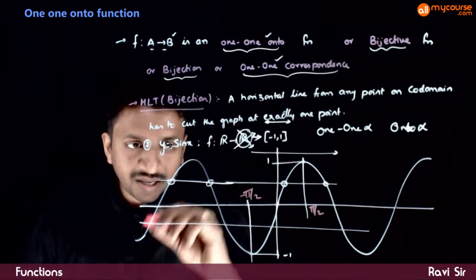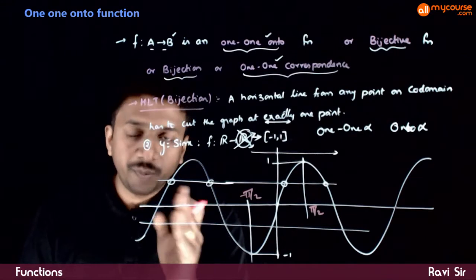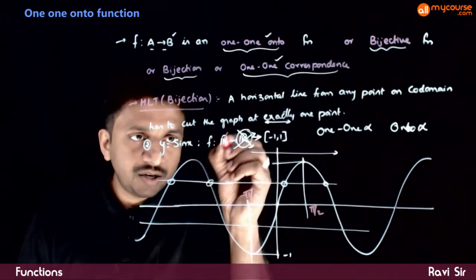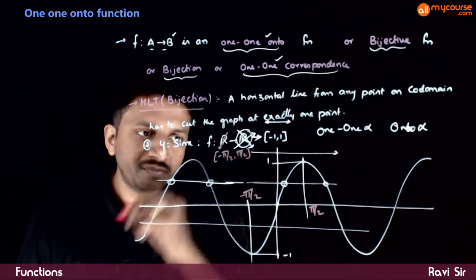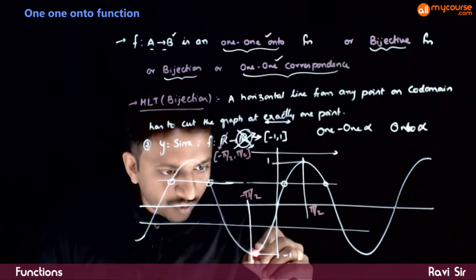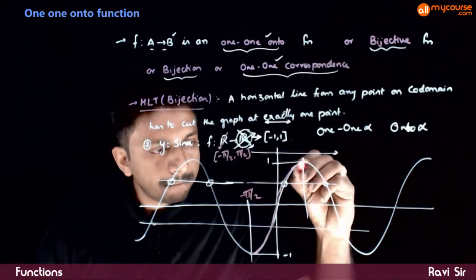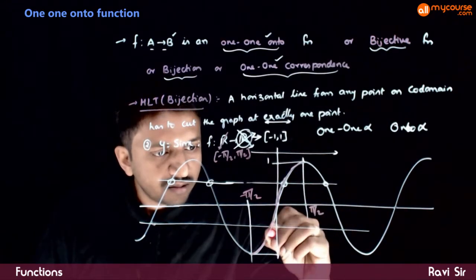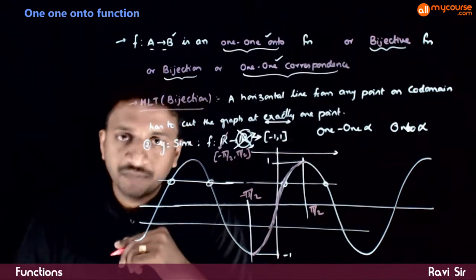all the remaining graph beyond π/2 and beyond -π/2 will disappear. So if I consider the domain only as -π/2 to π/2, you have only this graph. All the remaining graph will be disappearing.